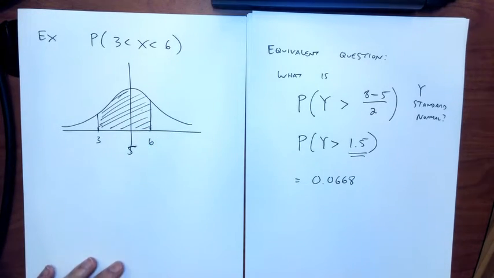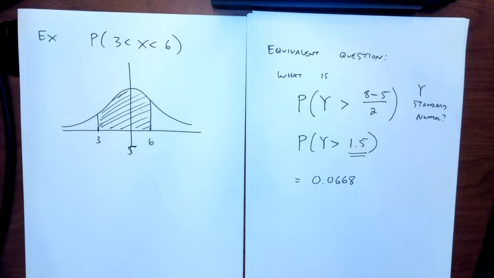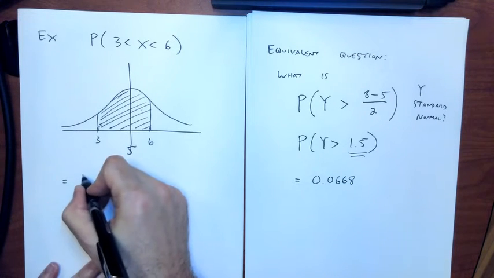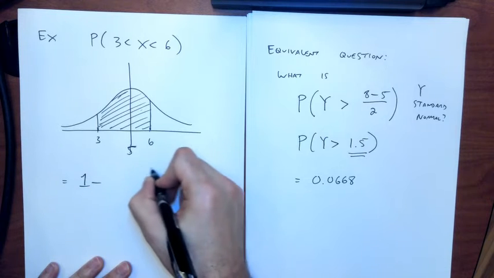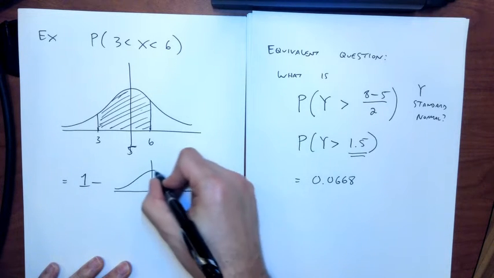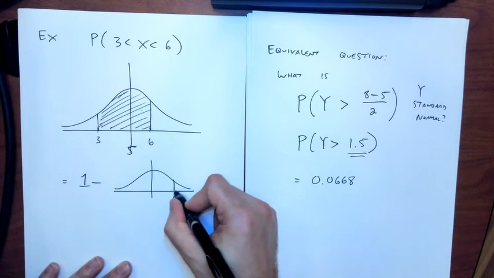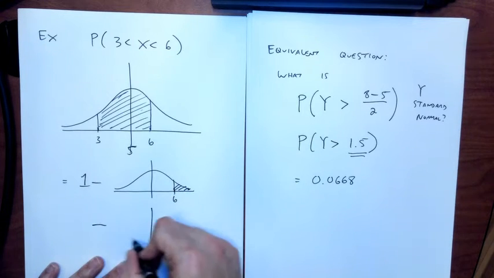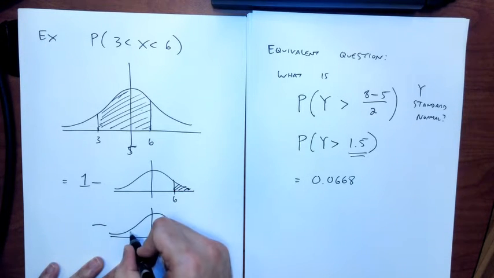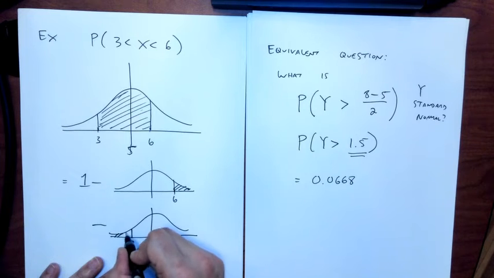Well, this is a little bit less straightforward. But I can reason about this and say, clearly this is the same thing as 1 minus the probability that I am above 6 minus the probability that I am below 3, right?